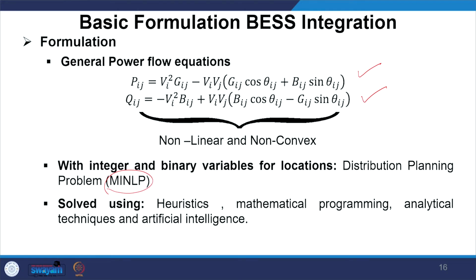So, these problems can be solved using heuristic techniques, mathematical programming, analytical techniques, and AI, as we discussed earlier. So, there are different analytical methods, mathematical optimization techniques, artificial intelligence techniques, and meta-heuristic optimizations, and each one of them has certain merits and certain demerits, and you need to focus on that.